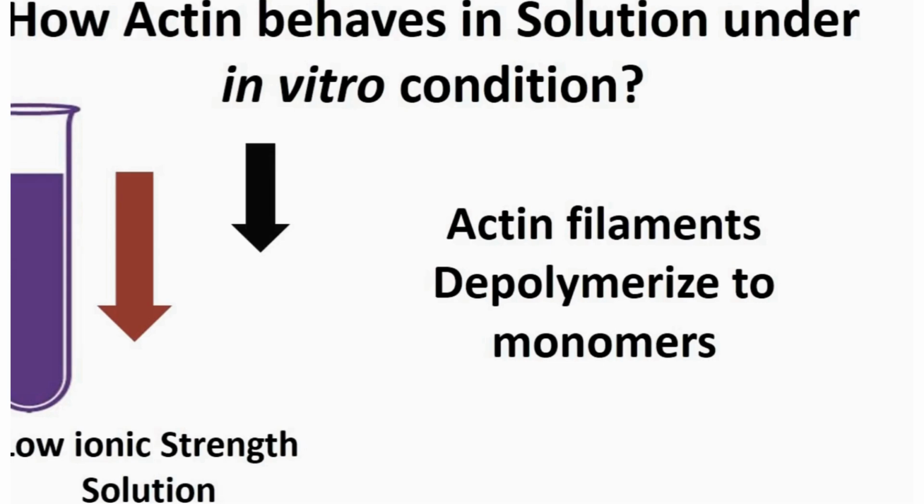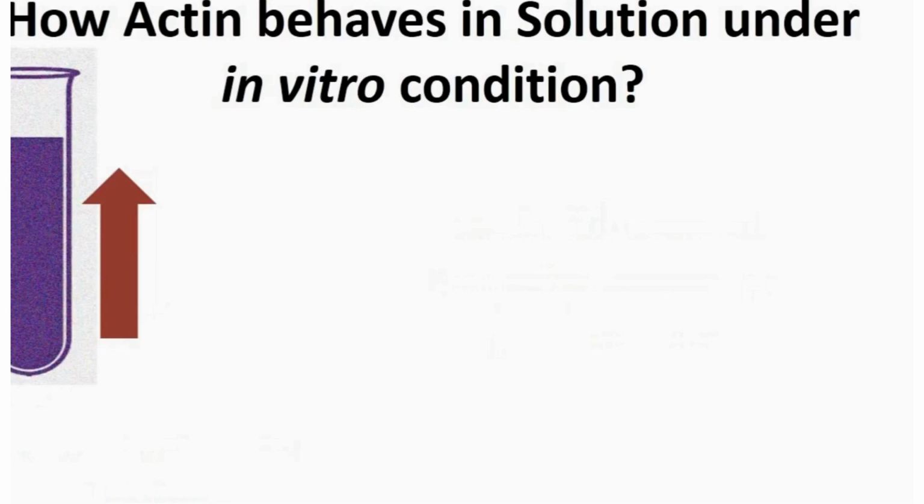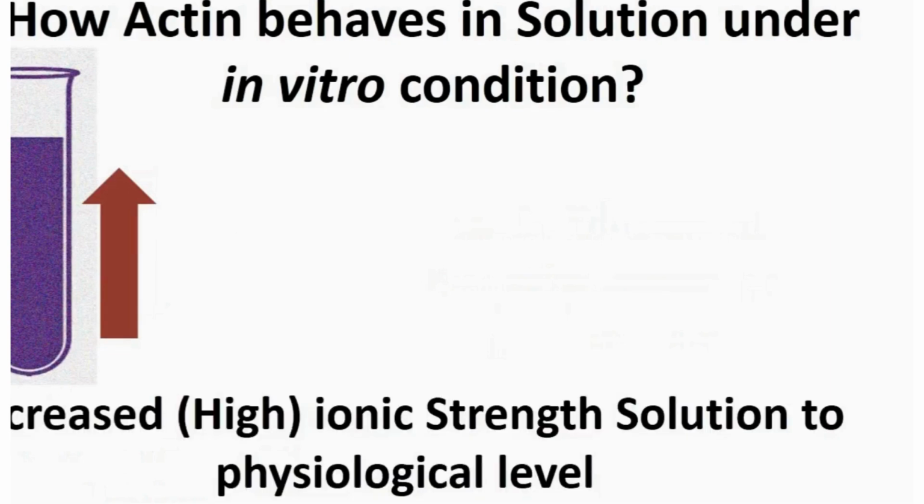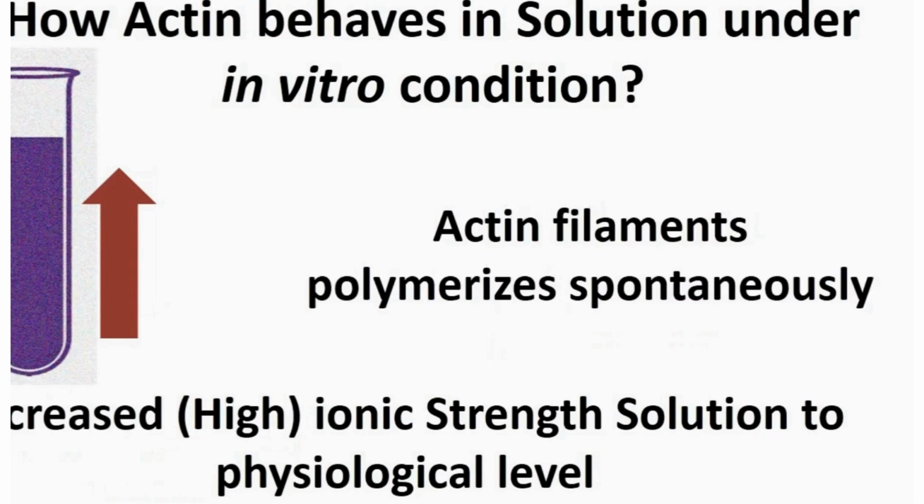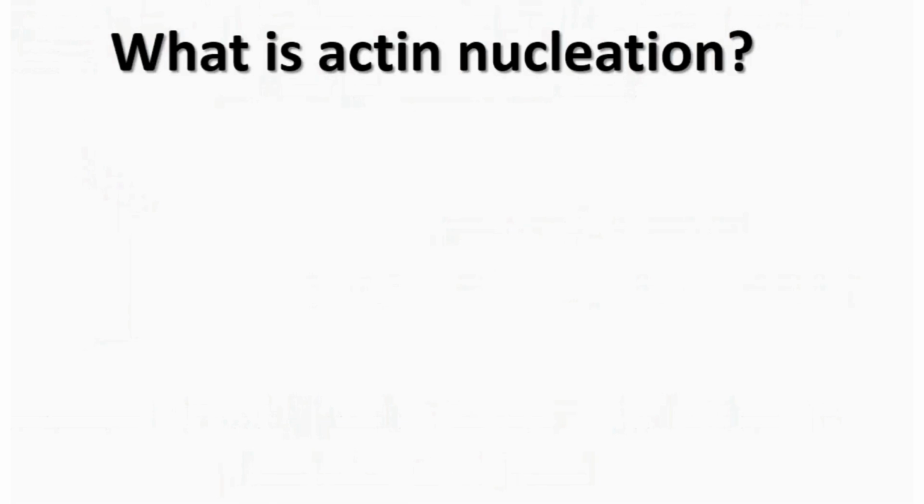You repeat the experiment, but this time you take an increased or high ionic strength solution, that is to a physiological level. If you take a high ionic strength solution, the actin filaments will polymerize spontaneously. This phenomenon of polymerization and depolymerization also leads to what we will be studying in a short while as treadmilling. But before we study treadmilling, let's understand what exactly actin nucleation is.